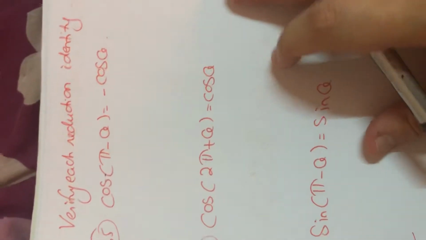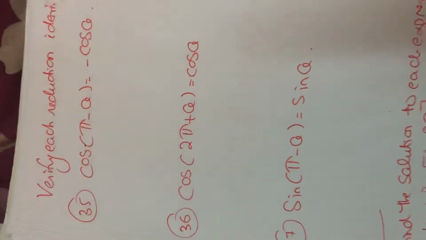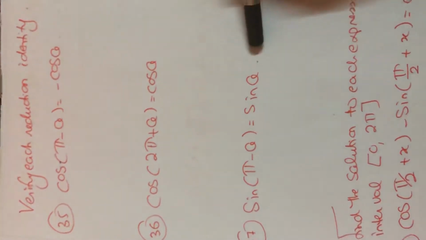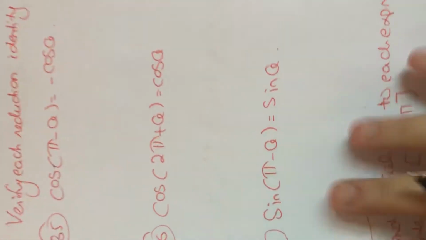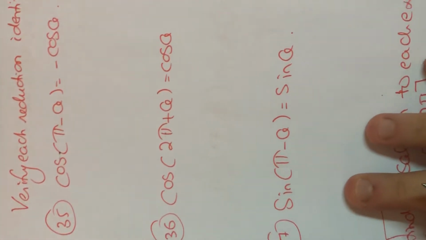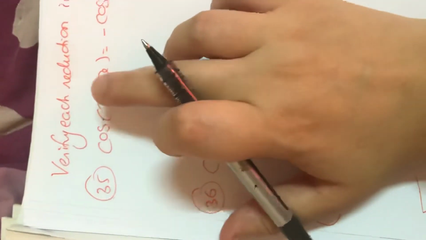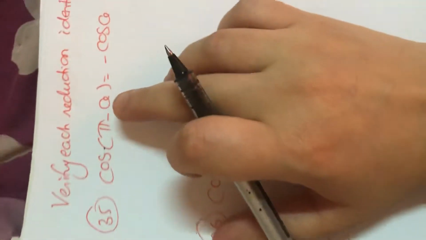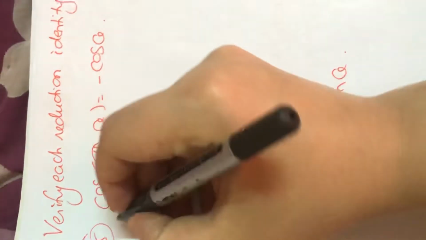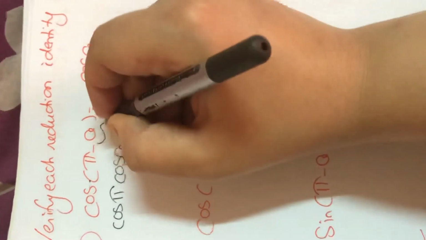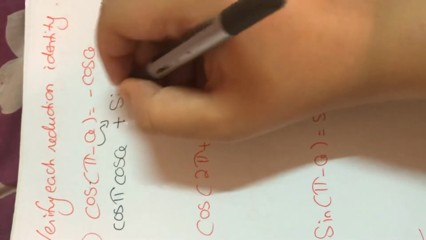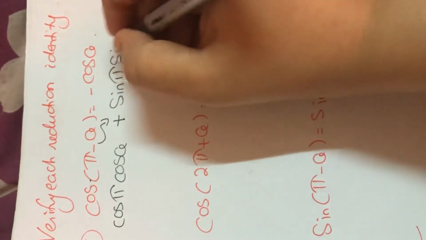Verify reduction identities. We do not take reduction identities, but still, these are all identities and they're called reduction, kind of reducing this to this and this to that. The three are true. How can I prove them? I can prove them here with difference identities for a cosine. Cosine is cosine cosine, so cosine pi cosine theta, the opposite sign, sine pi sine theta.